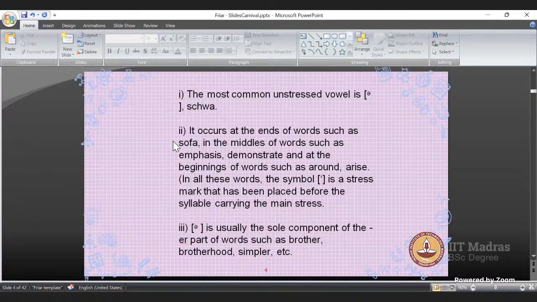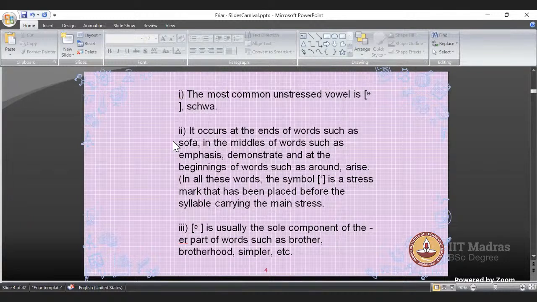In addition to functional words like prepositions and conjunctions that I've just mentioned, you can find the schwa also in suffixes like er, like speaker, teacher.